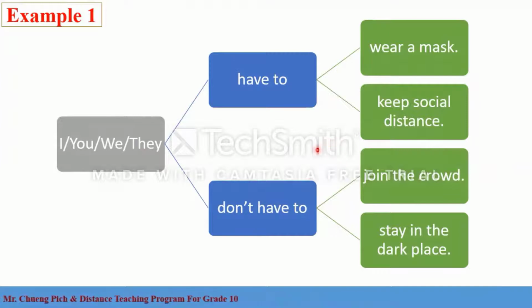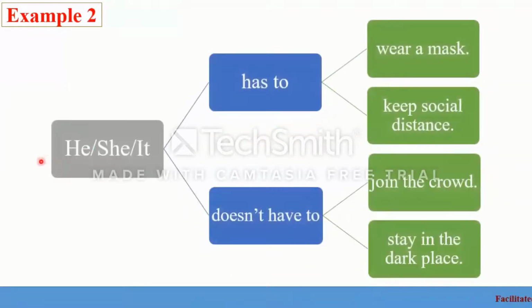Right. So let's check has to and doesn't have to. Here is example number two: he, she, it. And we use them with has to and doesn't have to. For example, he has to wear a mask, or she has to wear a mask.